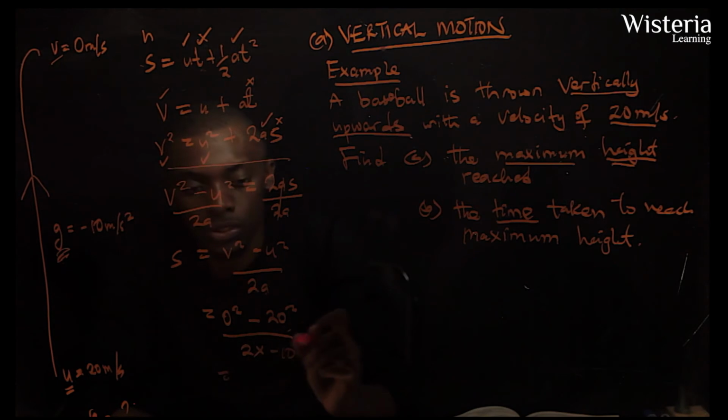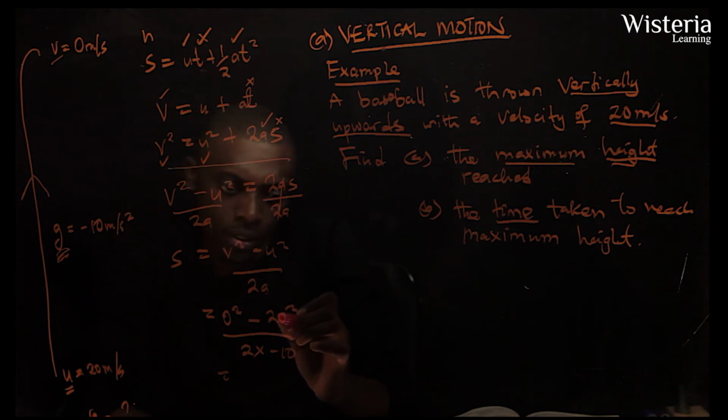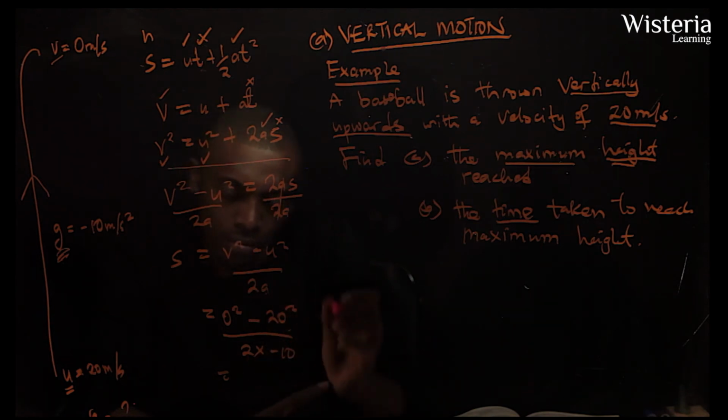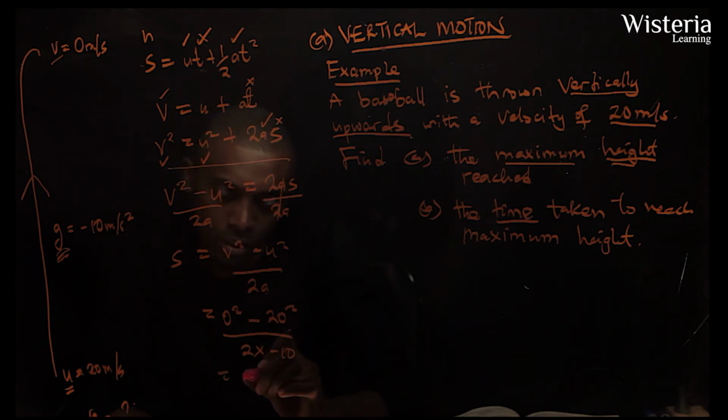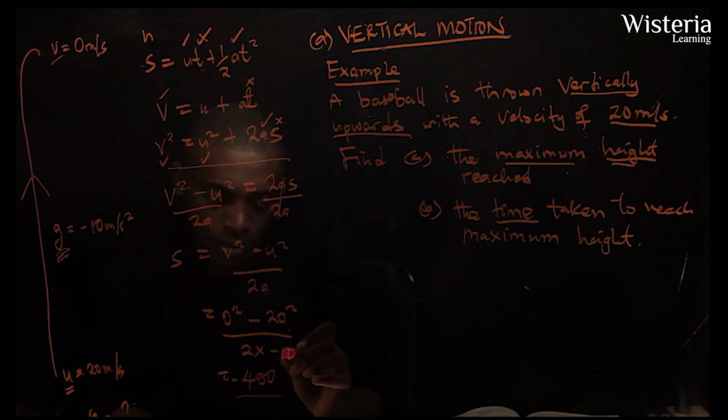So once we have this arrangement, we can do arithmetic here and say negative 20 squared is the same as saying 20 times 20, which is going to give us 400. Mind you, it's a negative because this is 0 squared minus 20 squared, which is negative 400. And then 2 times negative 10 will give us negative 20.